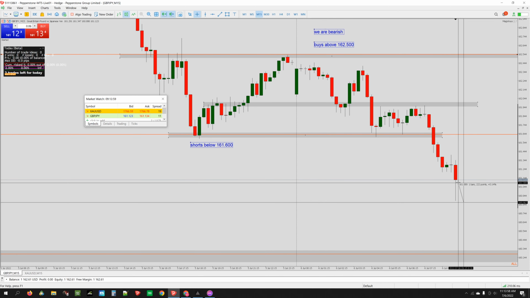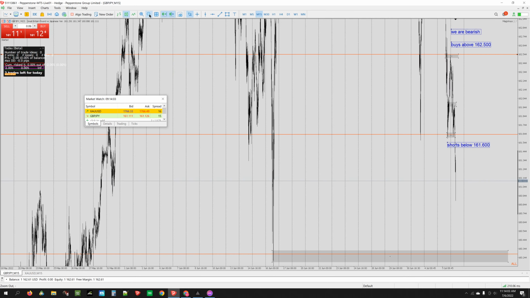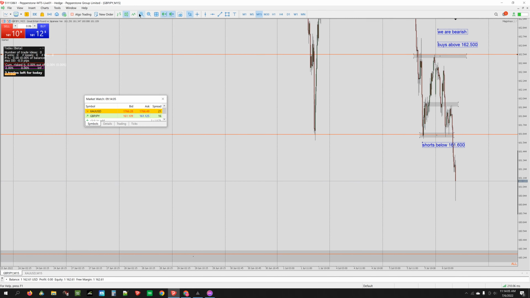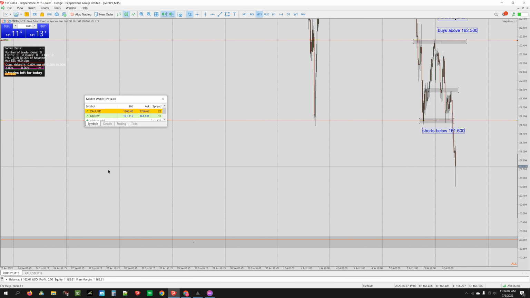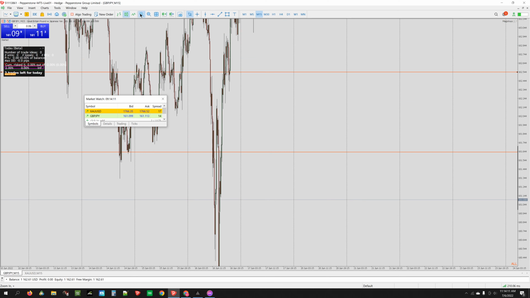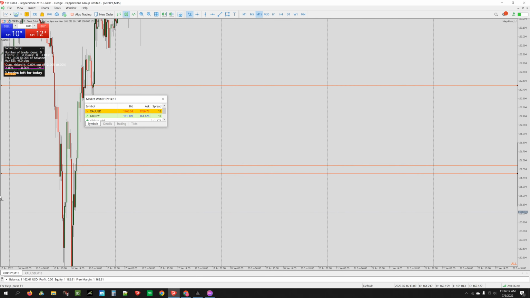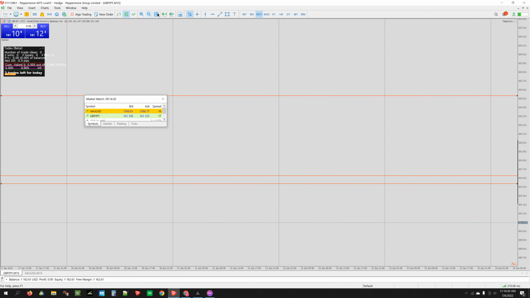GBP JPY is basically rejecting from the 160.800 area. If we look left, yeah, there is also a sort of small support.